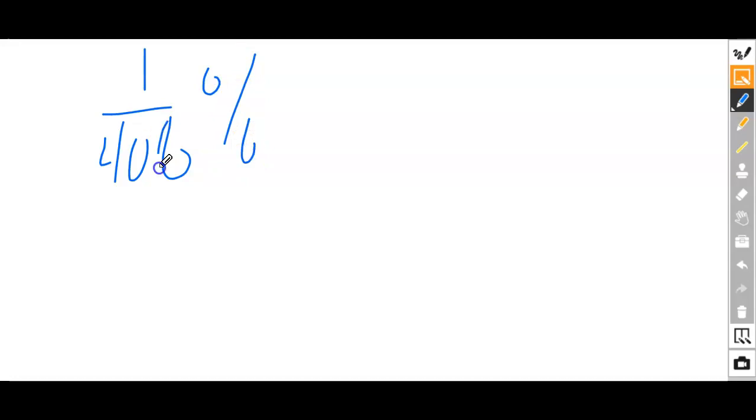Okay, you guys try this one. What would 1/400% be as a fraction?